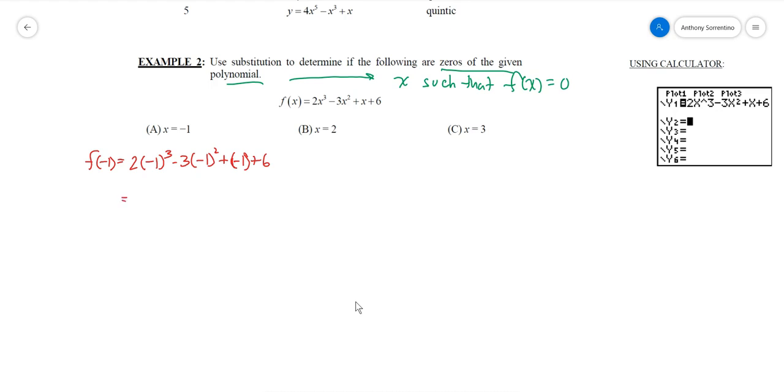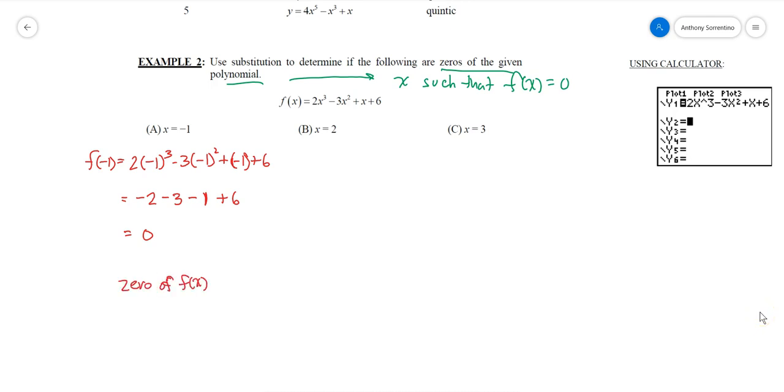So, -1 cubed is -1, so the first term is going to be -2. -1 squared is 1. -3 times that is going to be a -3. Adding a -1 is the same thing as subtracting 1, and I have a +6. And so I have negative 2 minus 3 minus 1 plus 6. That does come out to be 0. So the first one, x equaling negative 1, is in fact a 0.